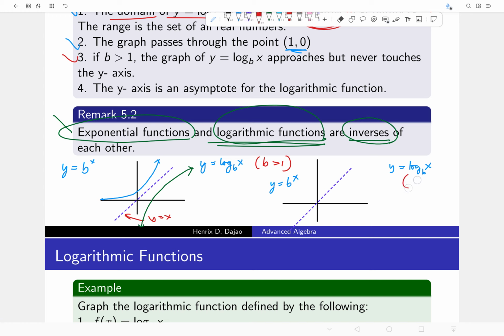Remember our b now is between 0 and 1. So when you graph the function defined by this, when b is between 0 and 1, the graph looks like this.